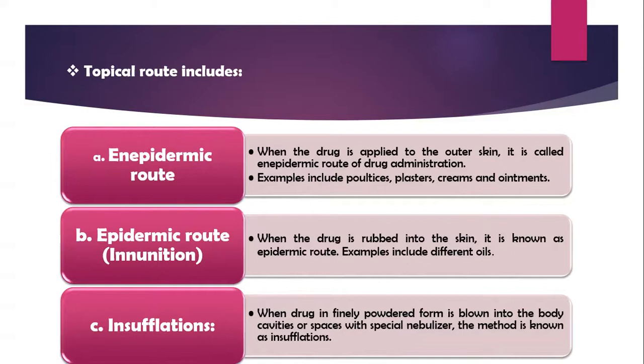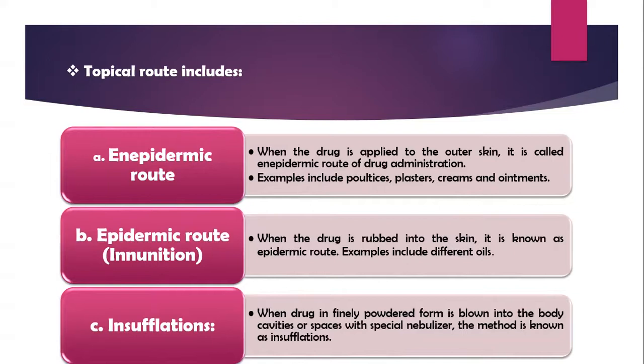Examples are poultices, plasters, creams and ointments. Second one is the epidermic route. When the drug is rubbed into the skin, it is known as the epidermic route. Example is the different oils.